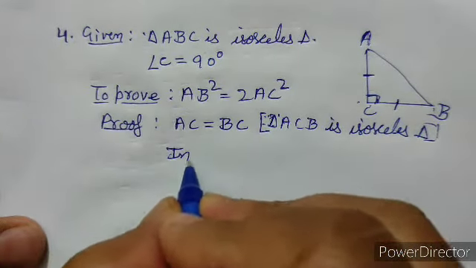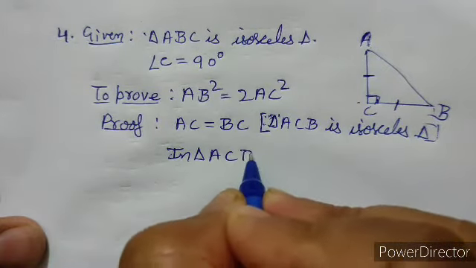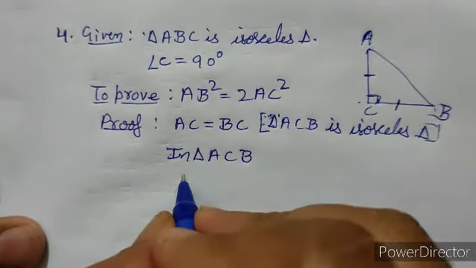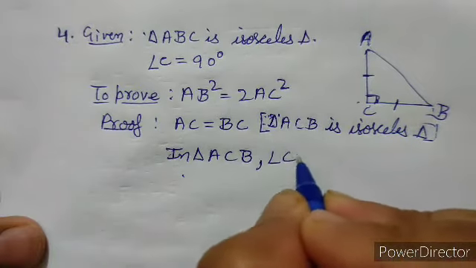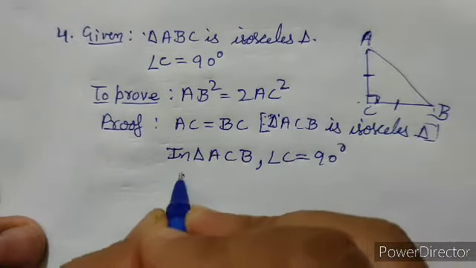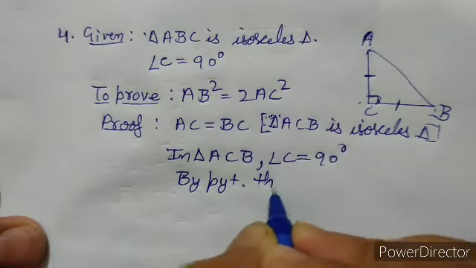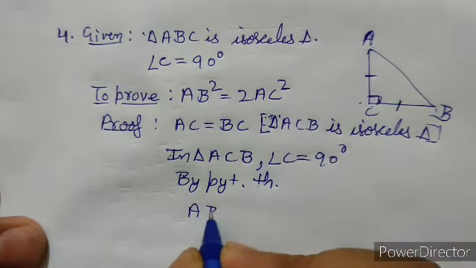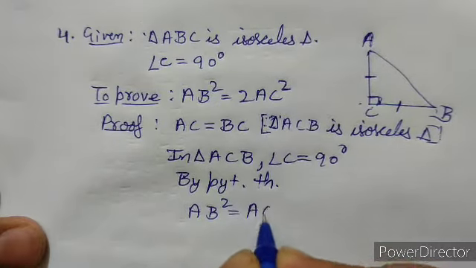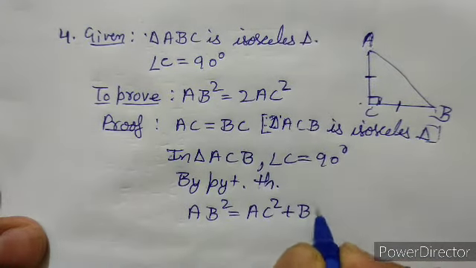Now in triangle ACB, angle C is of 90 degree. So by Pythagoras theorem we can say that AB square will be equal to AC square plus BC square.